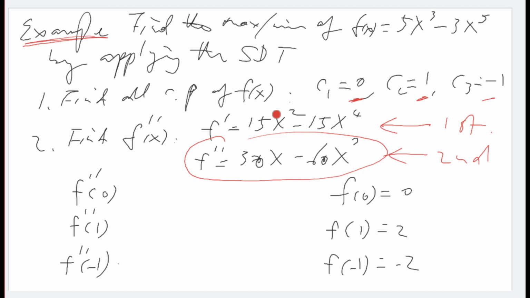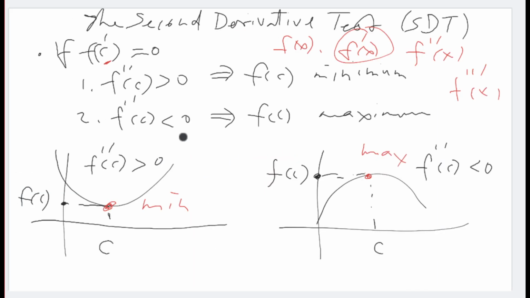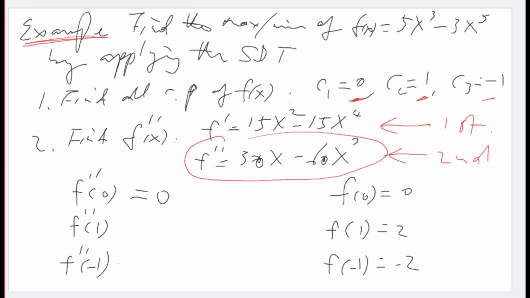Here, plugging in, the answer is 0. Well, if it's 0, we cannot tell. We can only tell if it's positive or negative. All right. Well, the test fails, so we don't know. We would have to try something else.